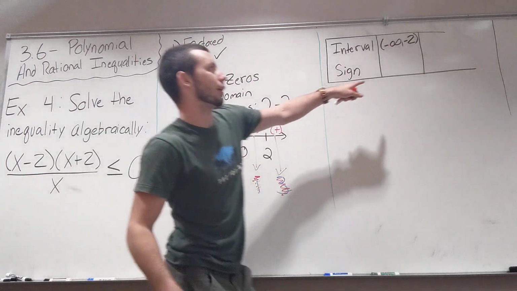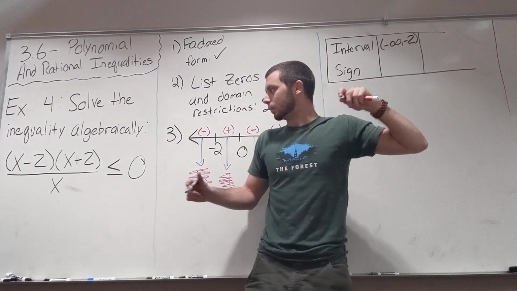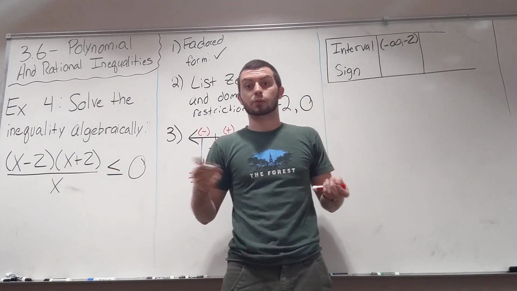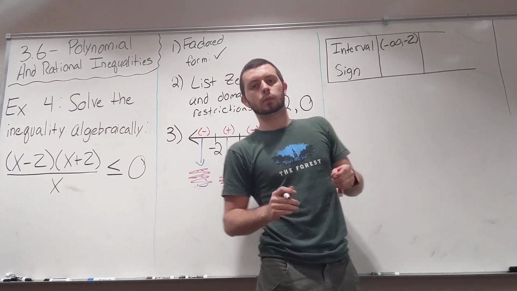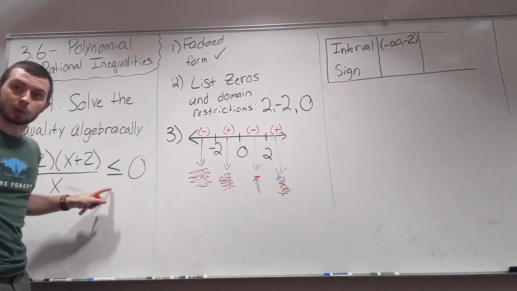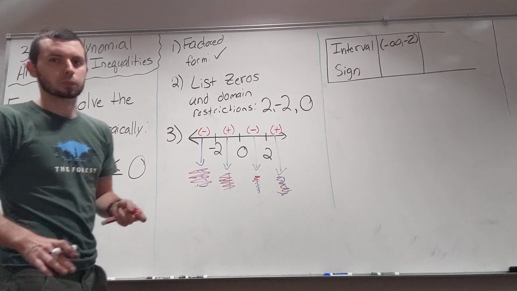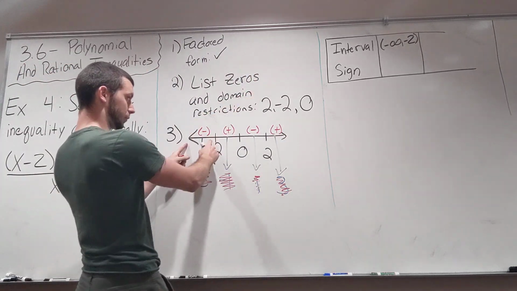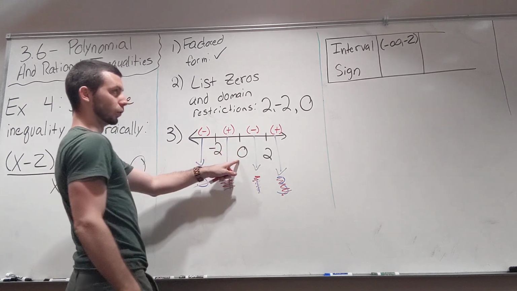If you're wondering why -2 has a parenthesis when we have an equality here, that's just the preference of my math lab for now. This equal to part will come into play later, but we'll save that for later. So this was the first segment, and then the next segment is -2 to 0.